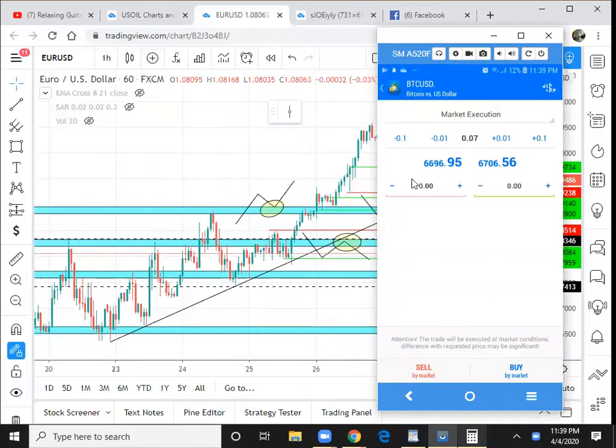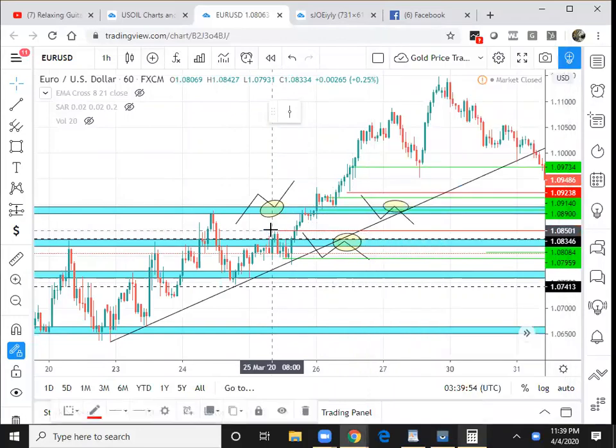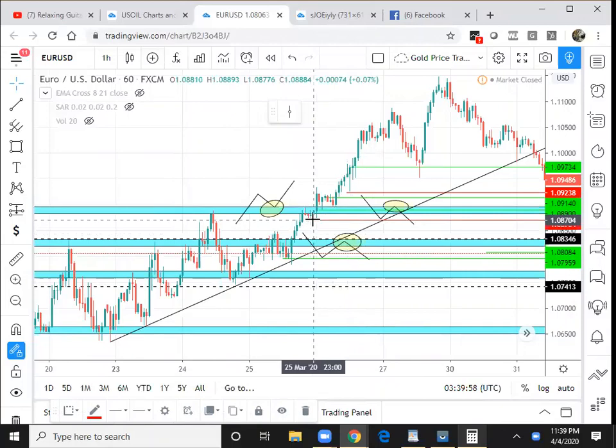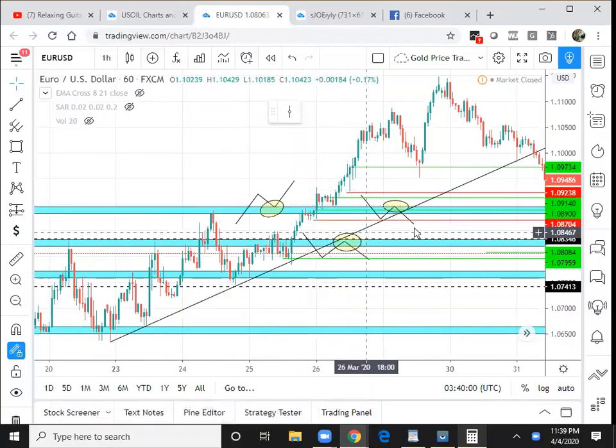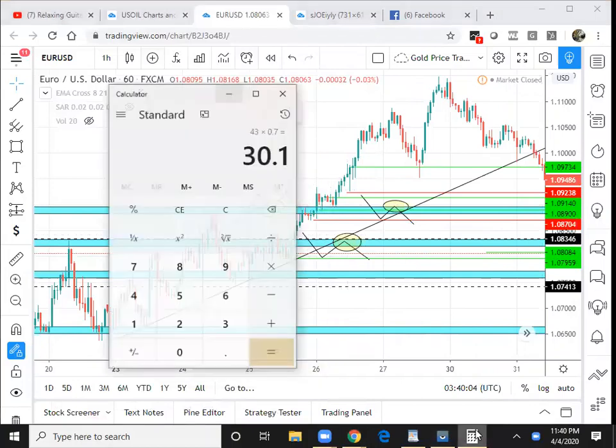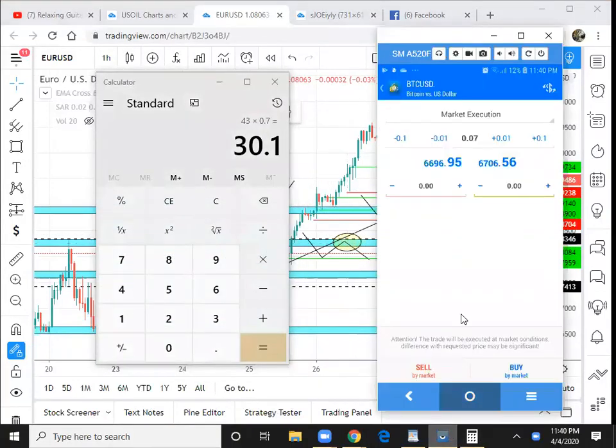And then on your stop loss section, which is on the left, you will put the stop loss value that you define, right? So the stop loss value will have been below this low here, so like 1.08704, right?